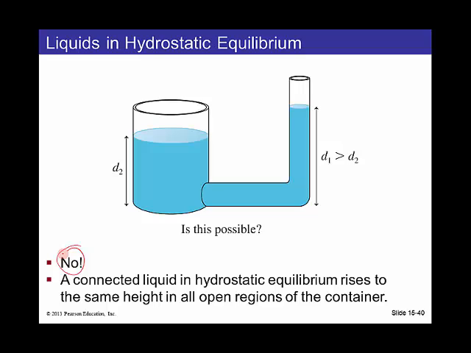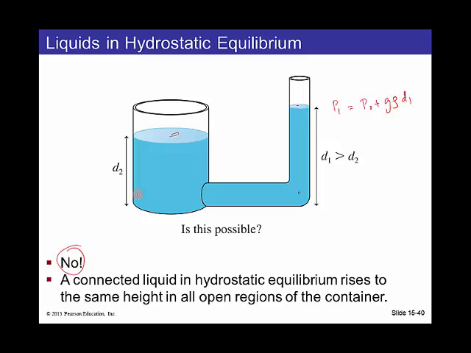This is not possible, simply because P0 is the same up here for both. So then you would have P1, the pressure down here at some point, equal to P0 plus g rho D1.